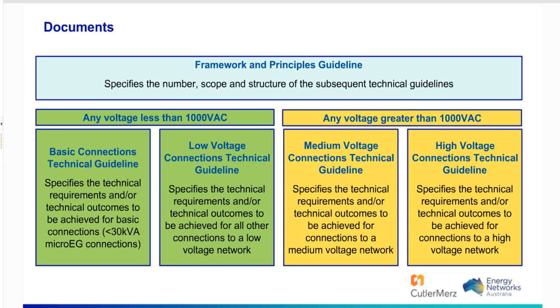We've then got the basic and LV guidelines, which are being released today. We're also intending to have guidelines on medium voltage and high voltage, which we've only just started work on, and they're intended to be released in July 2019.